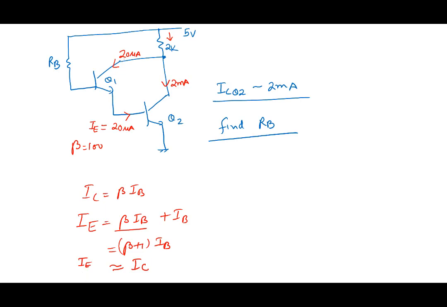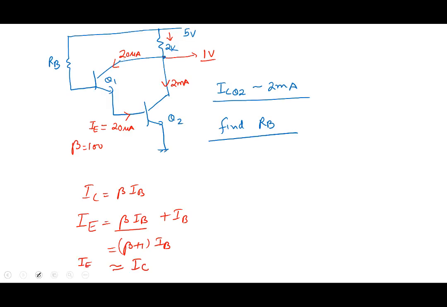All right. So what is the value of this voltage? So this is 2. A drop here is 4, and the value of this voltage is 1 volt. So you agree that this transistor, the Q2, is in forward active, agreed?